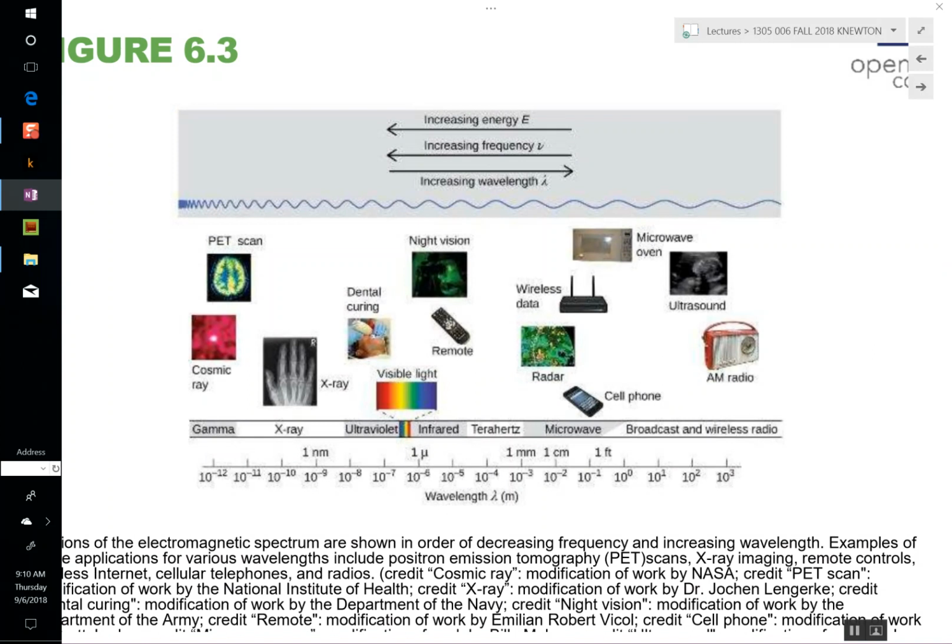Radio waves have very long wavelengths. Radio waves, when you listen to the radio. It's electromagnetic radiation. It has very long wavelength, very low energy. X-rays have very short wavelengths and very high energy. That's what makes them injurious. That's what makes them harmful to us, is that there's such high energy.